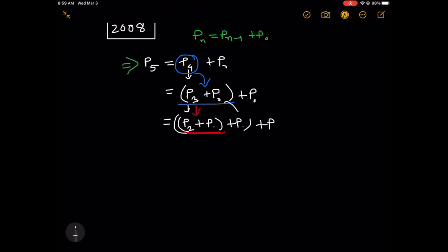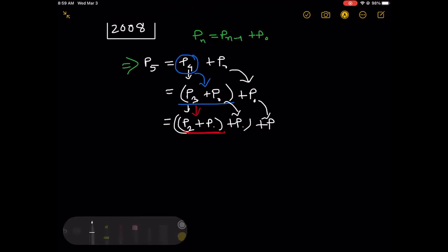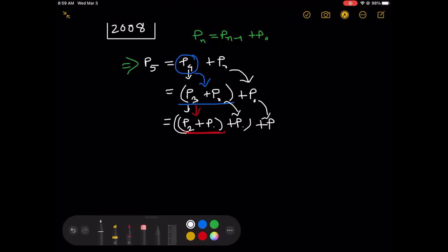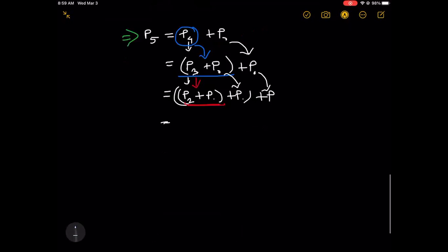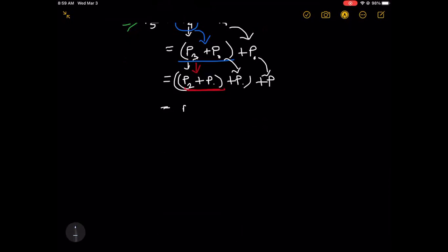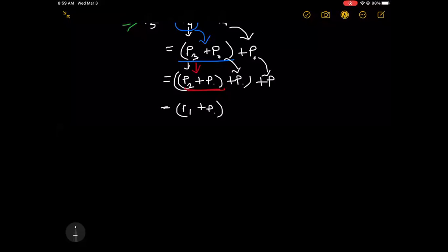We'll get this. This P naught comes from here. And finally, for P2, we'll have P1 plus P naught. This will become 3 P naught. Just adding those, nothing else.